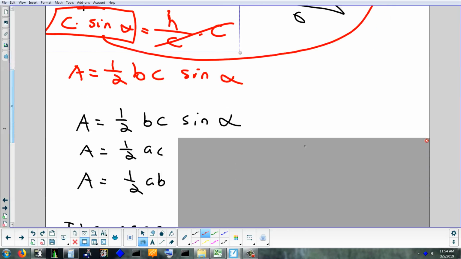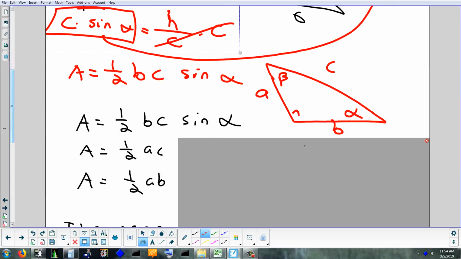Now, you can do this with any two sides. You could have B and C, A and C, or A and B. Doesn't matter which two. But look at the first one. A, B, C, alpha, beta, gamma. Look at B and C. And look at alpha.